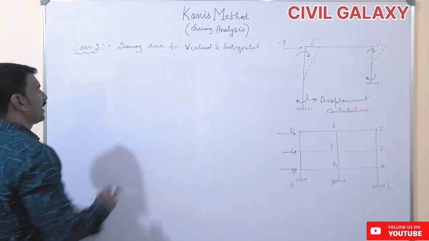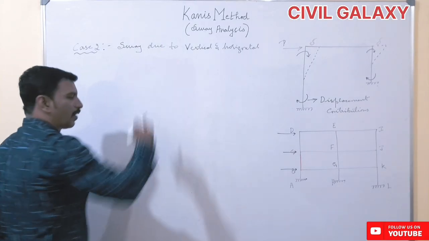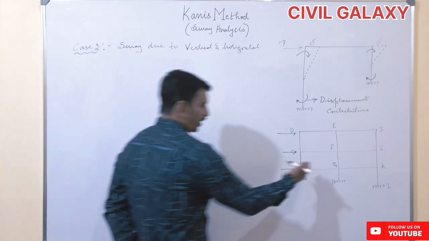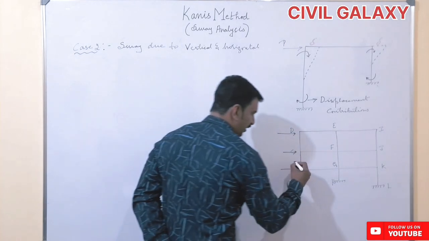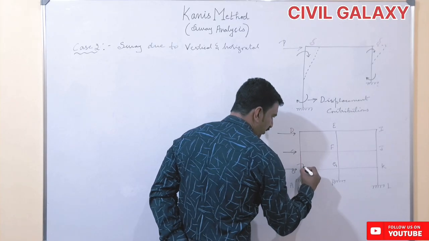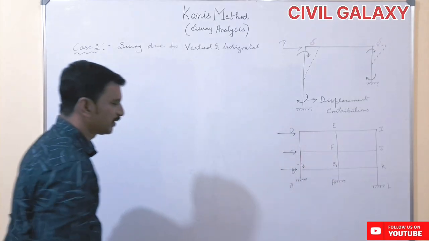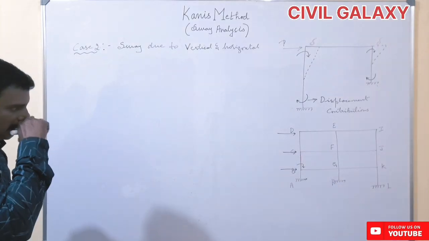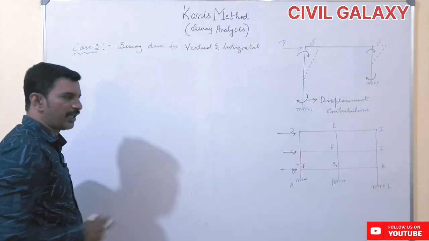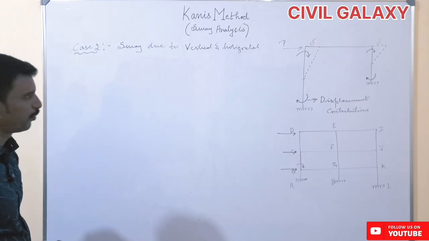So this formula we need to use whenever we are calculating the displacement contributions. If we take the second case over here, that is sway due to vertical and horizontal loading, for example, if this frame is subjected to a lateral load over here, then we are having a moment over here like this. That means we need to find out the story shear also. From case 1 we learned how to find out the displacement contributions.